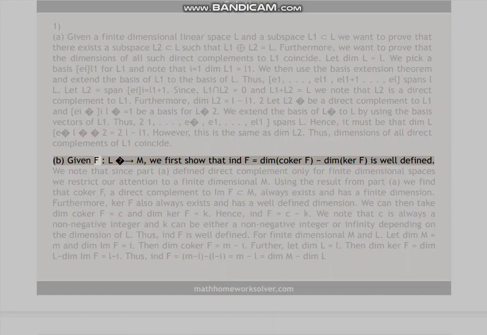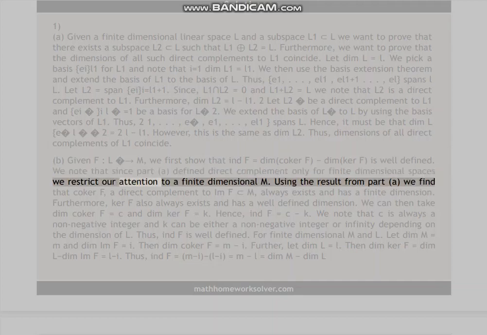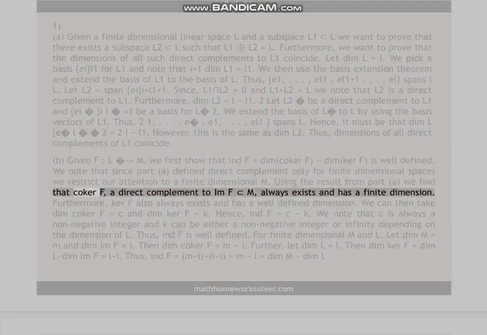B. Given F: L → M, we first show that Ind F equals dim Coker F minus dim Ker F is well defined. We note that since part A defined direct complement only for finite dimensional spaces, we restrict our attention to a finite dimensional M. Using the result from part A, we find that Coker F, a direct complement to Im F in M, always exists and has a finite dimension.